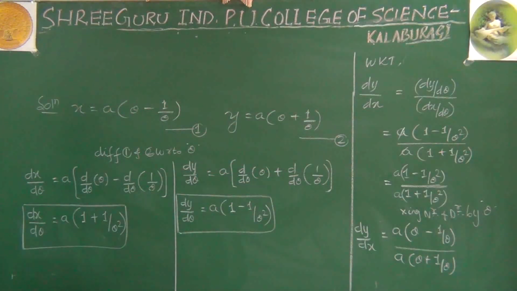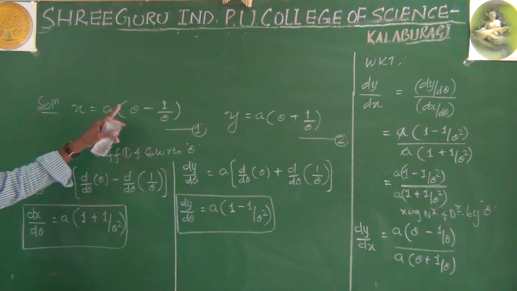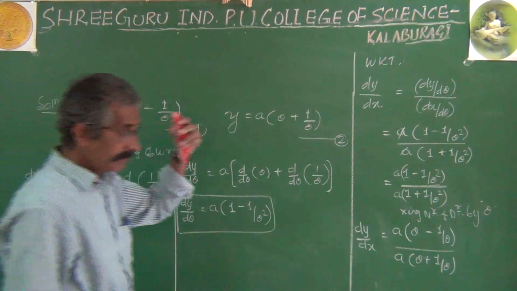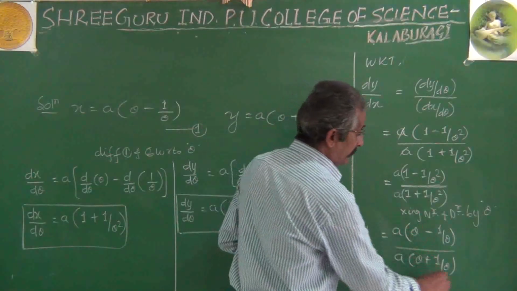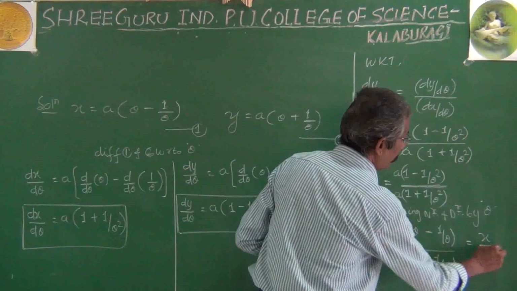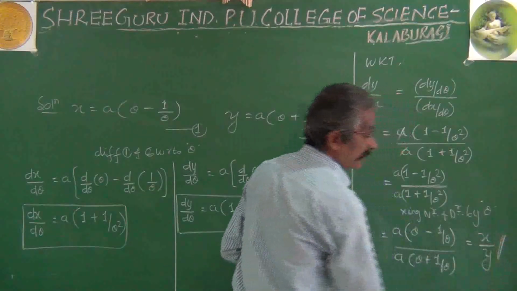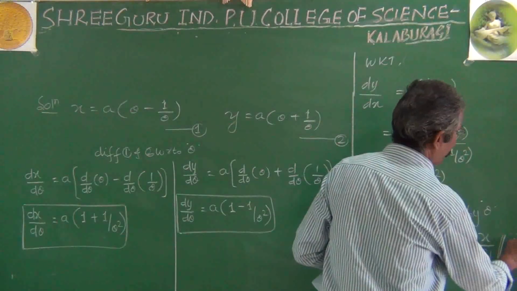But from the given equations, x is a into theta minus 1 by theta, y is a into theta plus 1 by theta, hence our right hand side becomes obviously x divided by y. That's the required answer, since from 1 and 2.